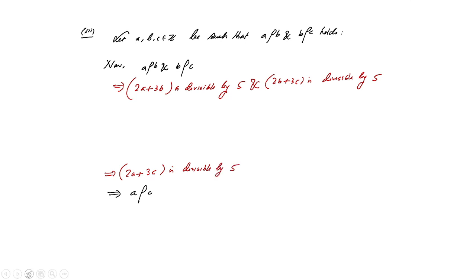How will we show it? Since 2A plus 3B is divisible by 5, the value of 2A plus 3B will be 5K1 for some K1 belonging to Z, and 2B plus 3C will be 5K2, for K1, K2 belonging to Z.